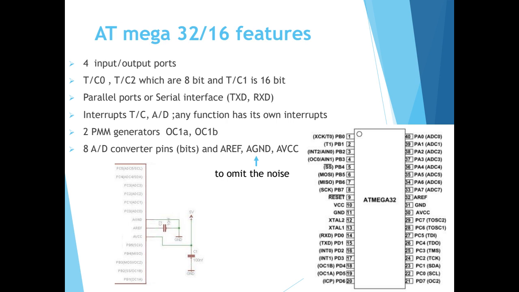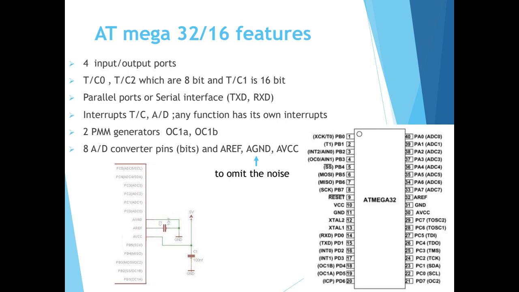We will have 2 PWM generators, OC1A and OC1B. One of the ports of our microcontroller is related to OC1A, which is pin 19, and OC1B, which is pin 18 of our ATmega32 or 16.